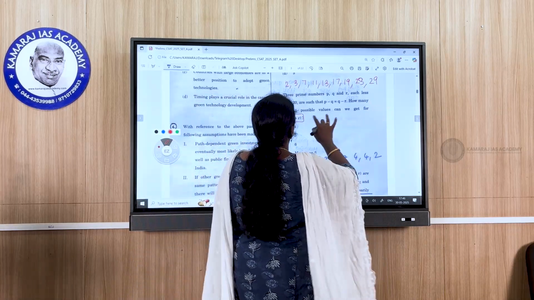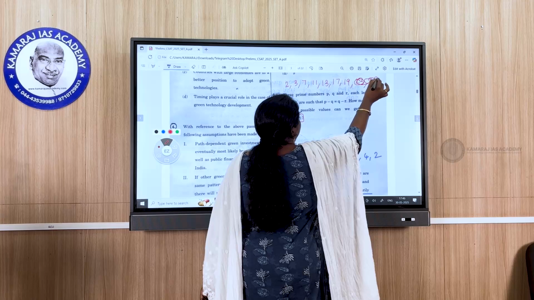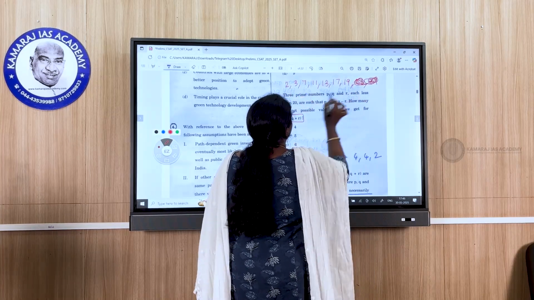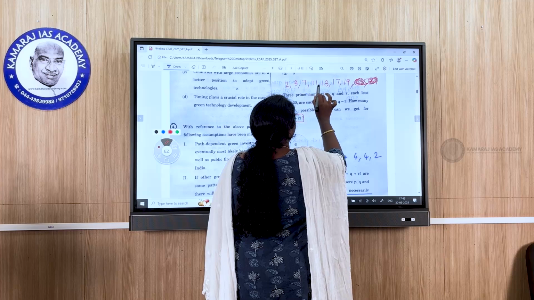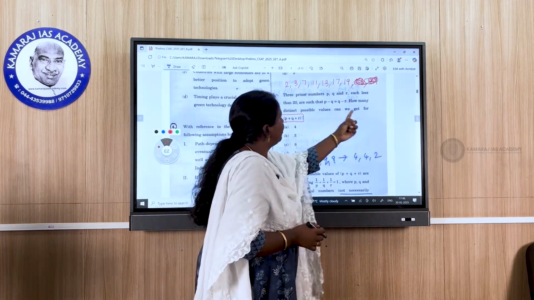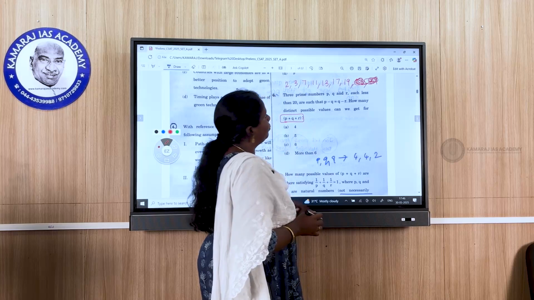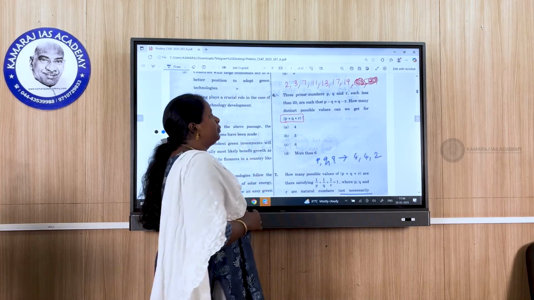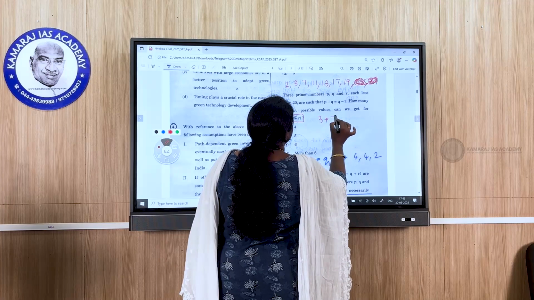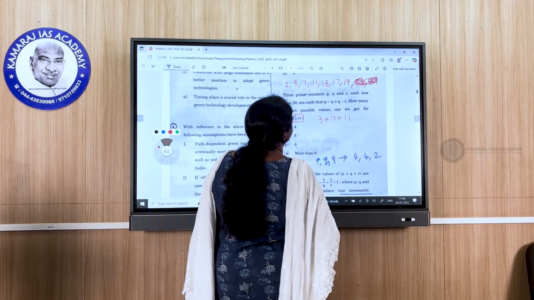Sorry, it is less than 20. I thought it is less than 30, sorry. So, less than 20, I am having 2, 3, 5, 7, 11, 13, 17 and 19. So how many distinct possible values are possible from P plus Q plus R? So you can calculate, for example, 3 plus 7 plus 11.